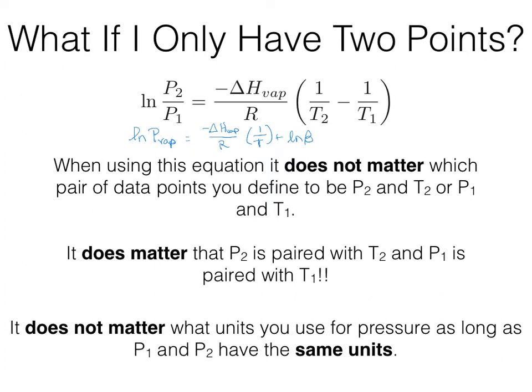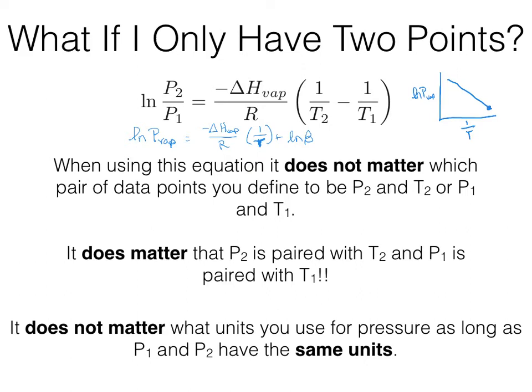So if we only have 2 points, we can plug things in and subtract these 2 points, because really what we're thinking about is that the natural log of P vap versus 1 over T gives us a line.